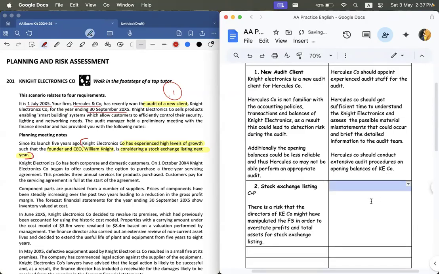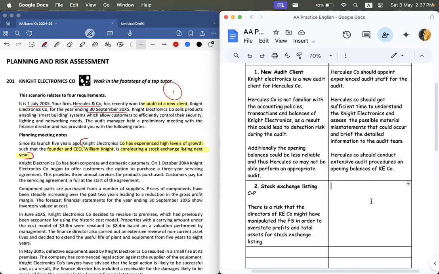Now we're going to say Hercules company actually knows that the stock exchange listing is due. So what do we do? We're going to keep an experienced audit team. We're going to maintain our professional skepticism throughout the audit.